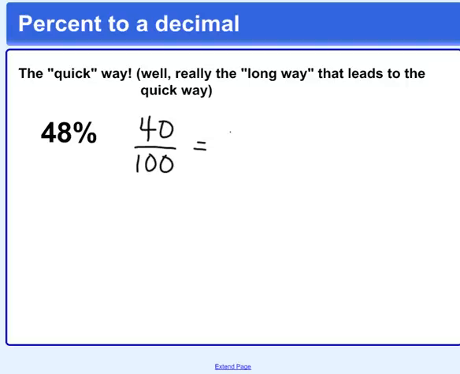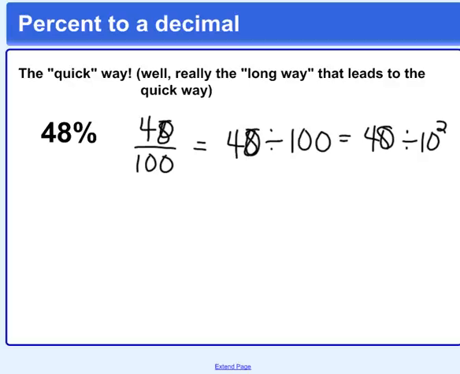And 48 over 100 is the same as saying 48 divided by 100, which is the same as saying 48 divided by 10 to the power of 2, because 100 is 10 to the power of 2. Now, dividing by the power of 2 would be the opposite of multiplying by the power of negative 2. So it's the same as 48 times 10 to the negative second power.